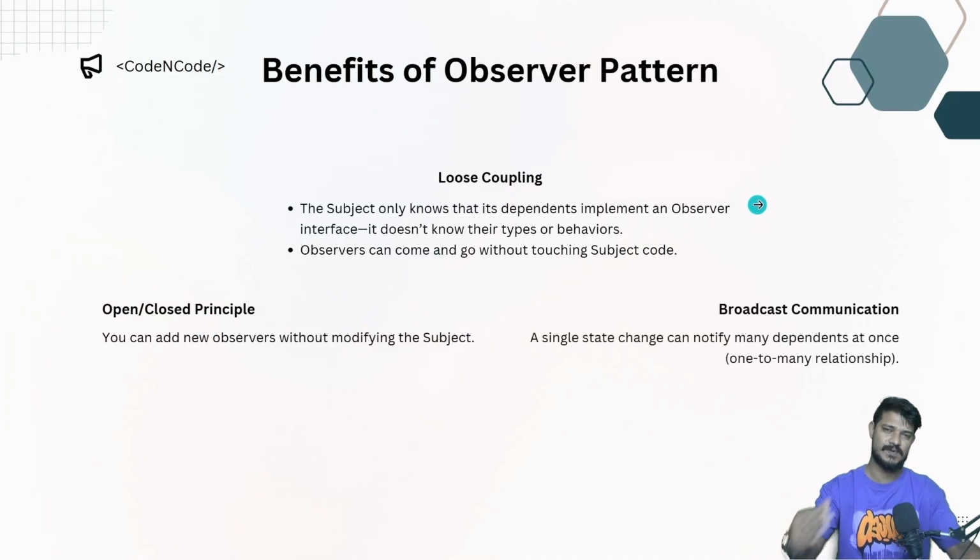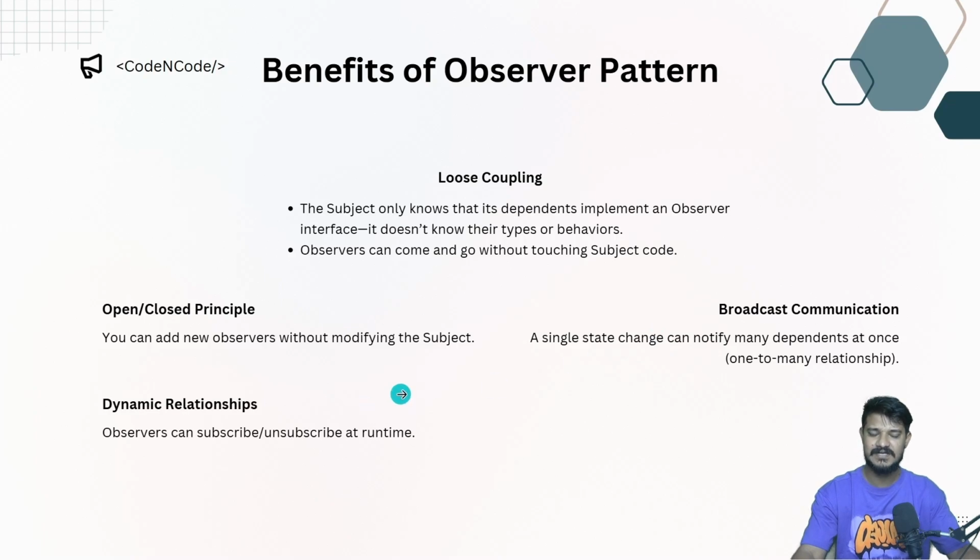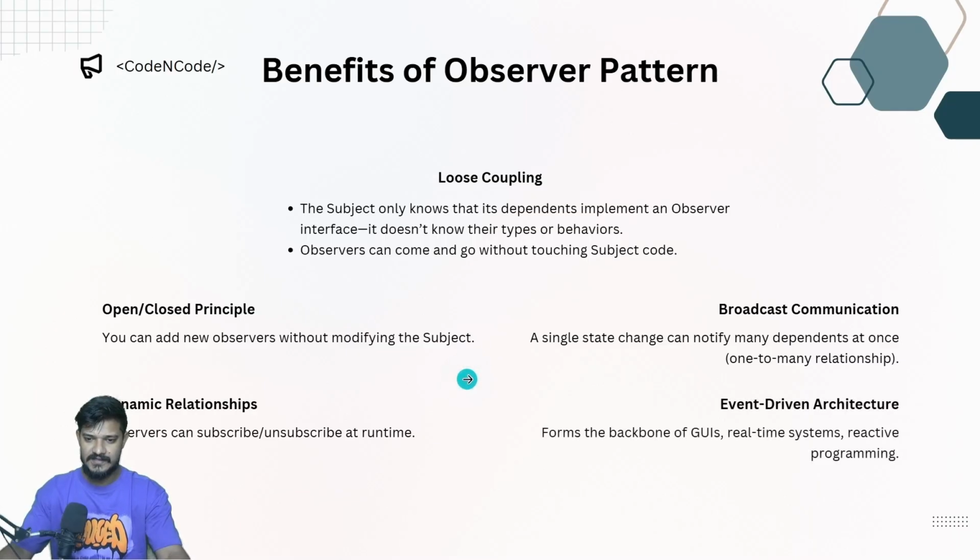Broadcast communication, yes. Whenever a thing changes in the subject, it can broadcast that update to a lot of observers, right? So broadcast communication is supported by the dynamic relation. Again, you can subscribe and unsubscribe at runtime, of course. And then finally, event-driven architecture, very important. Whenever you are going for high-level design learning, you learn this architecture.